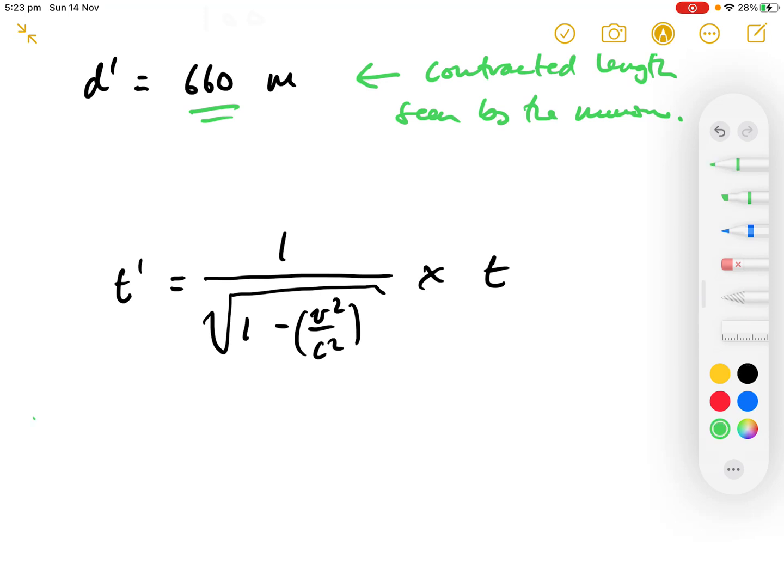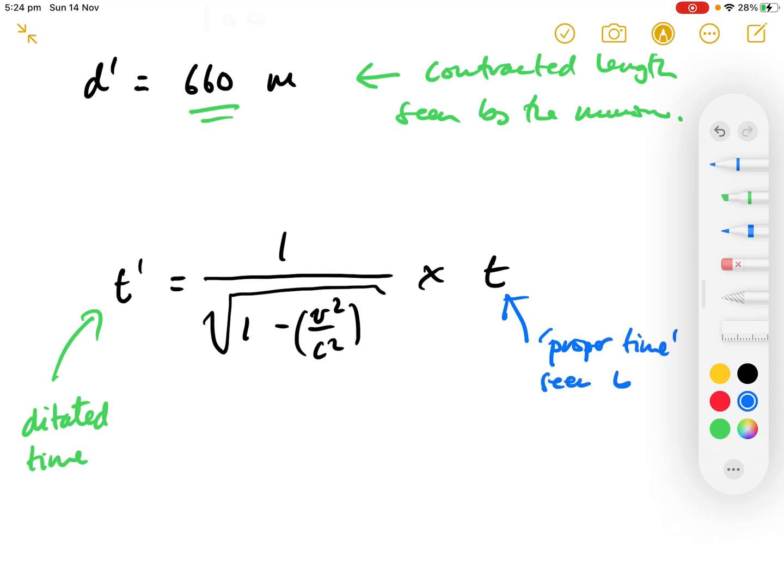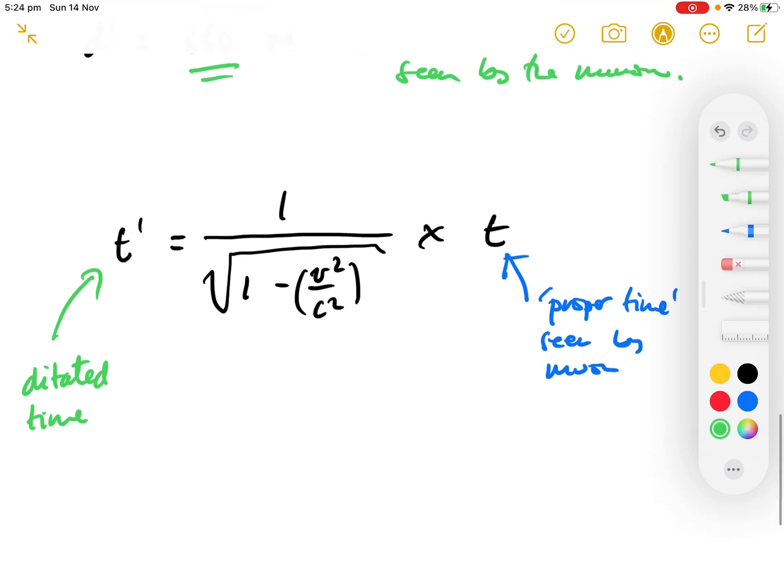Now, t dash, of course, is the dilated time, and t is what we often refer to as the proper time, and that's the one seen by the muon.